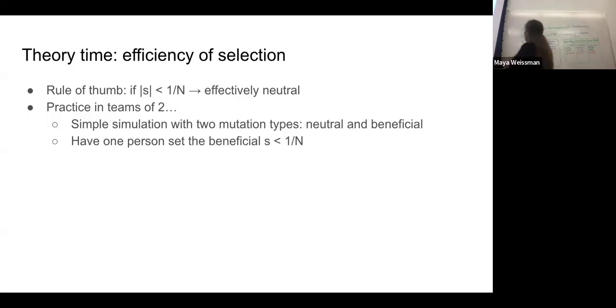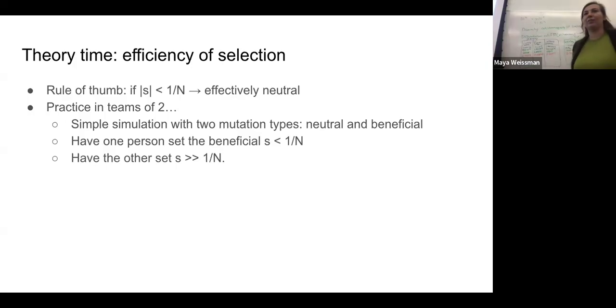So if you use an n of 10 to the 3, have one person set it to 10 to the negative 4, and another person set it to 10 to the negative 2. Or if you're in the group of 3, have one person set it to exactly 0, one person set it to a little bit less than 10 to the negative 4, and one person set it to 10 to the negative 2. Those numbers aren't exact.